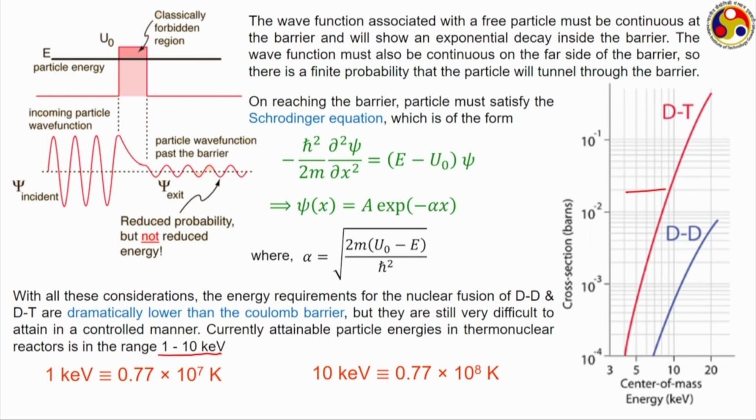Just to put that into perspective, the temperature in the interior of the sun is something like 0.15 into 10 to the power 8 Kelvin, which is just something like 4 to 5 keV.